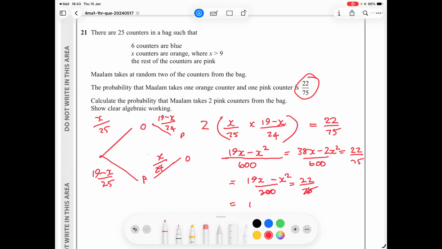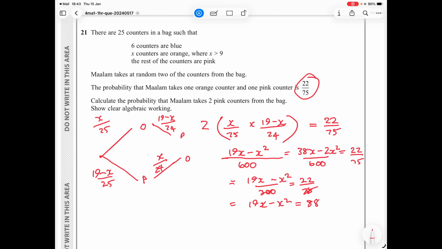So 19x minus x squared equals 88, so x squared minus 19x plus 88 equals 0.